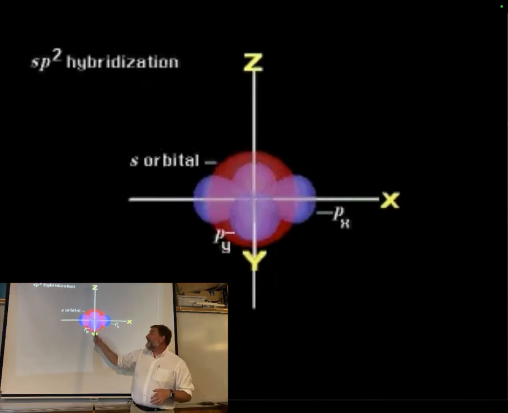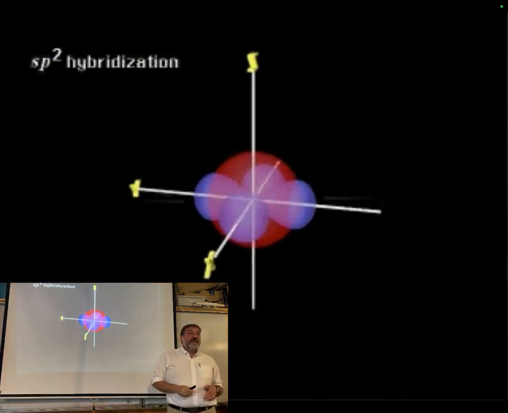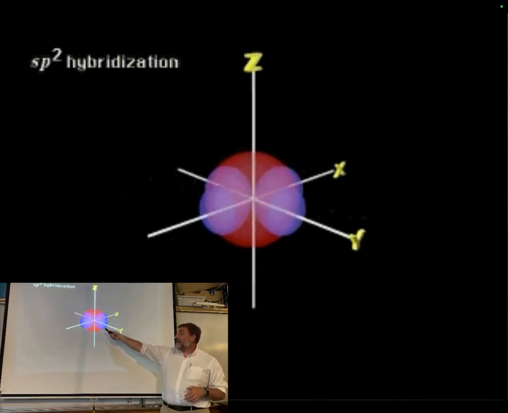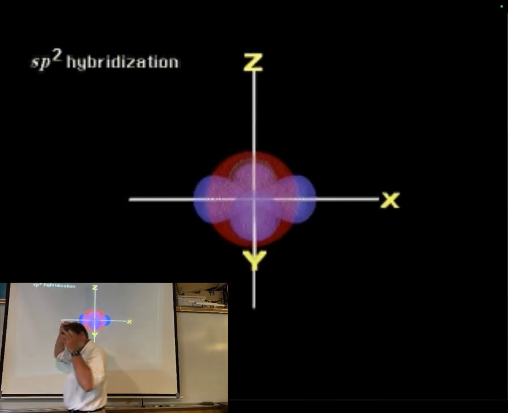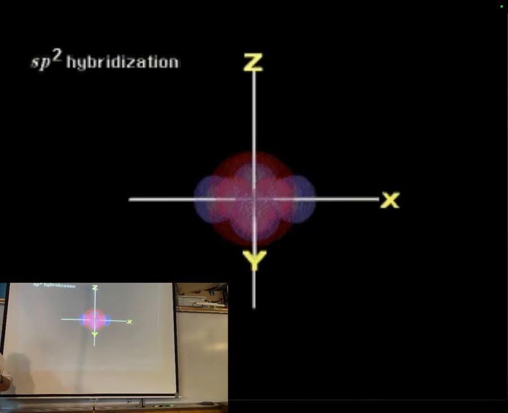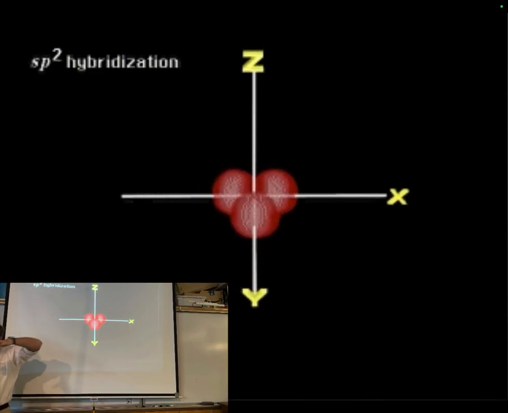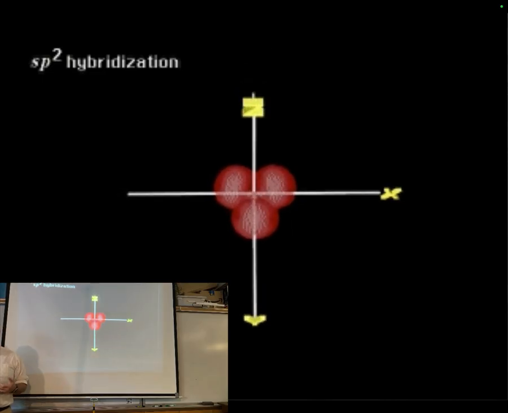Mathematically, we're just leaving out the pz orbital. In this case, once again, we get three new orbitals that are all exactly the same and are in a flat plane at 120 degrees.